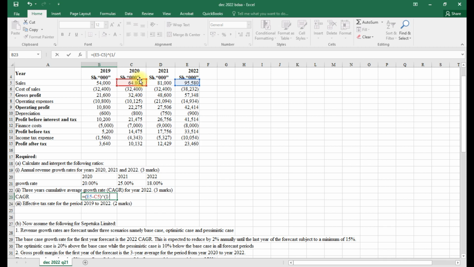There are 2 years. The growth will happen over 2 years, so 1 over 2, and minus 1.